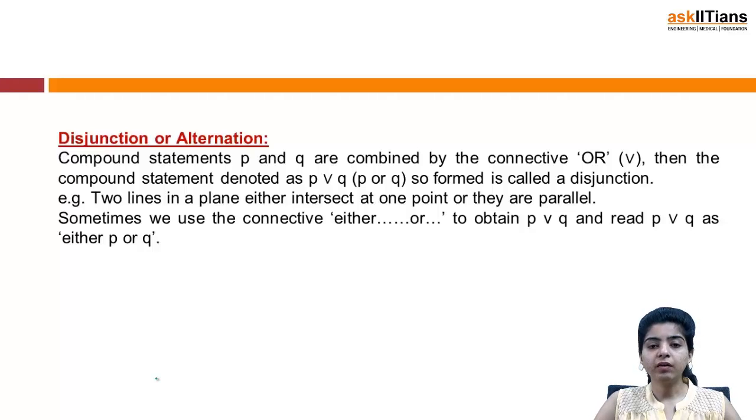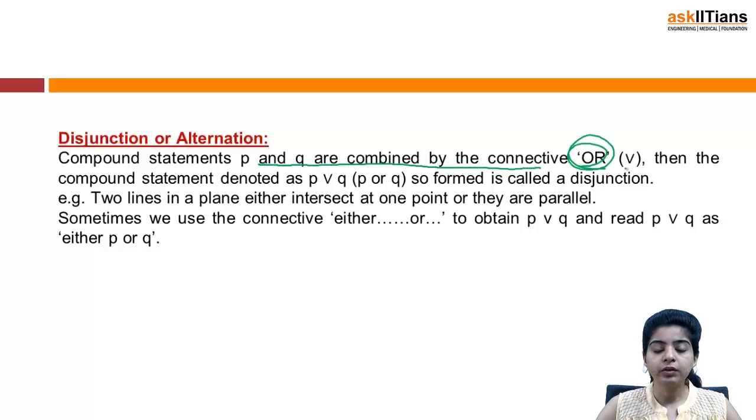Okay, so now that we have discussed conjunction, now we will be discussing disjunction. So disjunction, also known as alternation: compound statements P and Q are combined by the connective OR. Like we had AND and its symbol was this, now we have OR and its symbol is this.